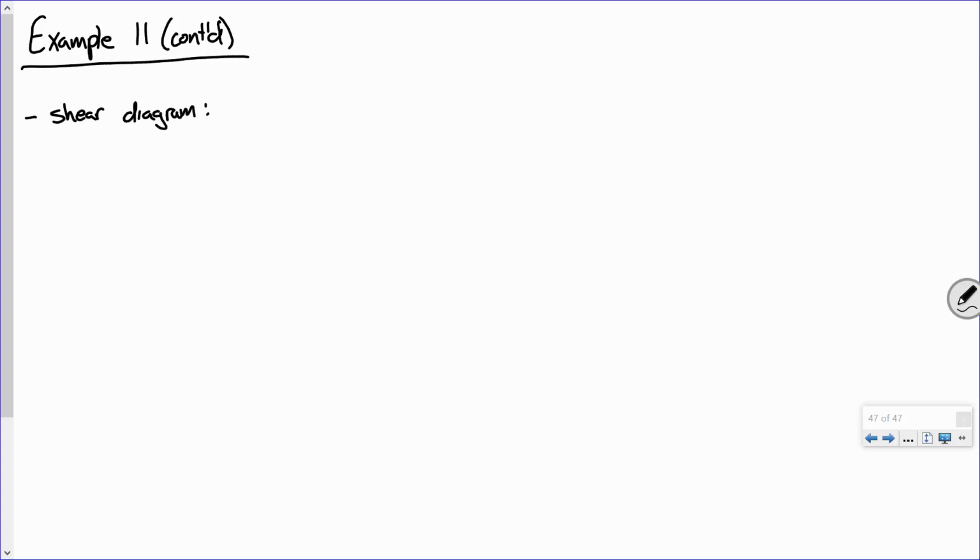Now your shear diagram, what is it? It's V_u equals W_u L over 2 minus W_u X, or if I like doing less math, W_u times (L over 2 minus X).